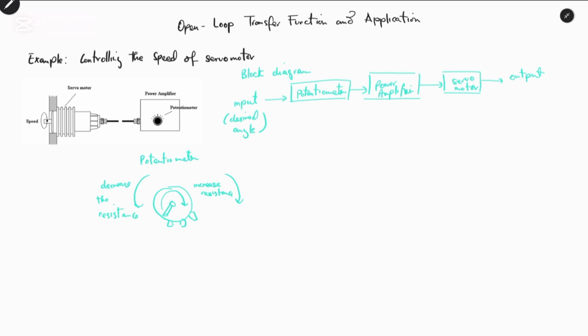That is how a potentiometer is made, and the symbol can be seen like this.